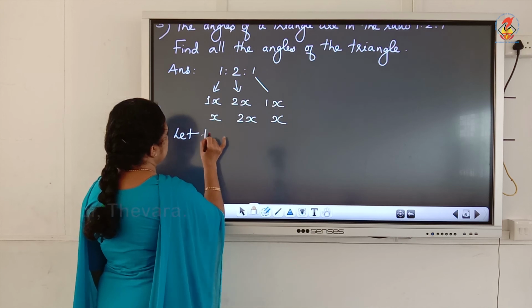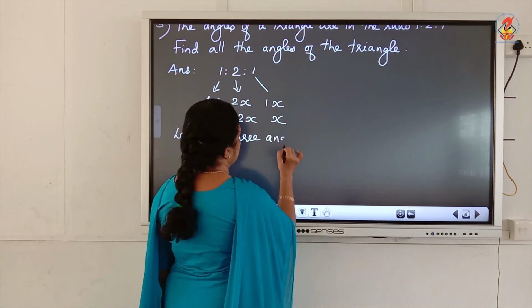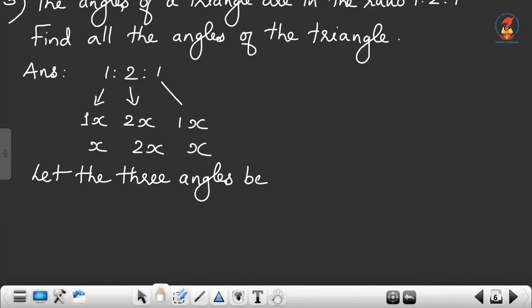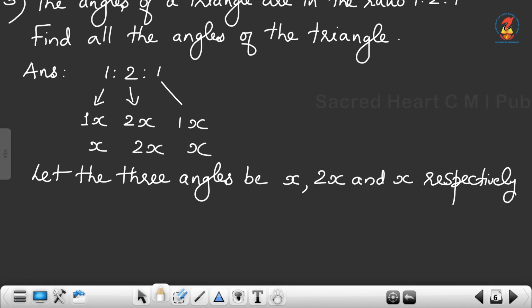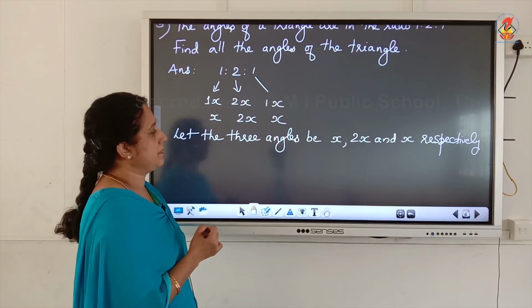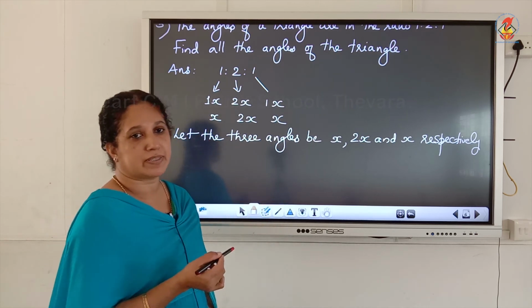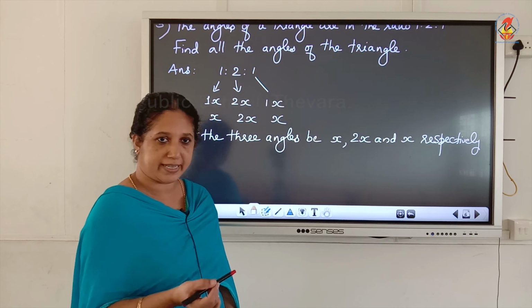Let the three angles be x, 2x and x respectively. Now we have the three angles. Then what is the sum of the measures of the three angles, which is equal to 180 degree.